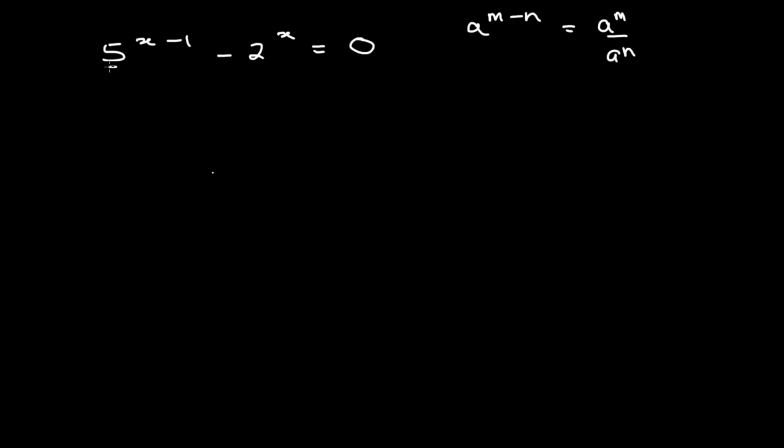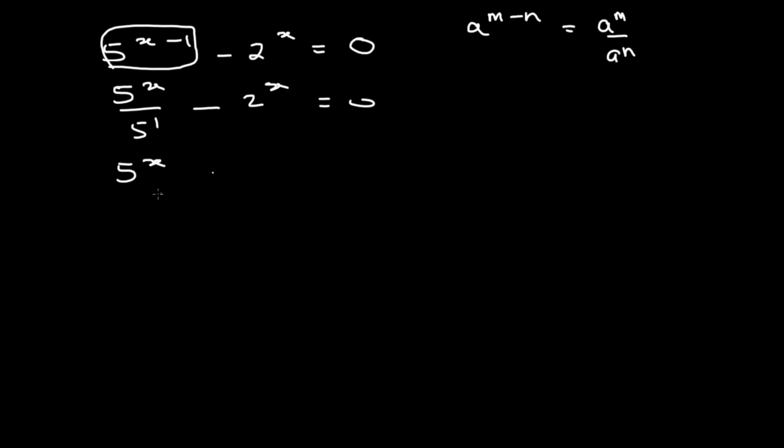We can recognize that pattern here and say that this is 5^x over 5^1, then minus 2^x equal to 0. So now this is the same equation. I'm just trying to show us that we can actually do it many ways.